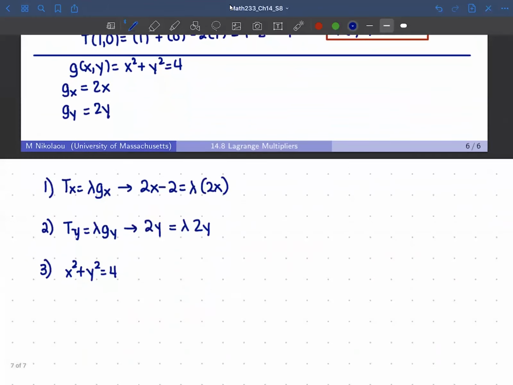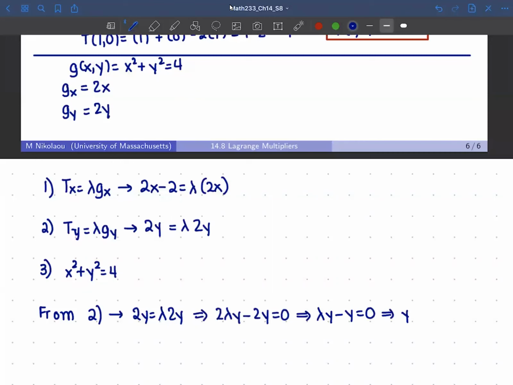Starting from equation 2, we have that 2y is equal to lambda times 2y. Because we don't know what happens to y, we cannot simplify here. So we'll have 2 lambda y minus 2y is equal to 0, which gives us lambda y minus y is equal to 0.